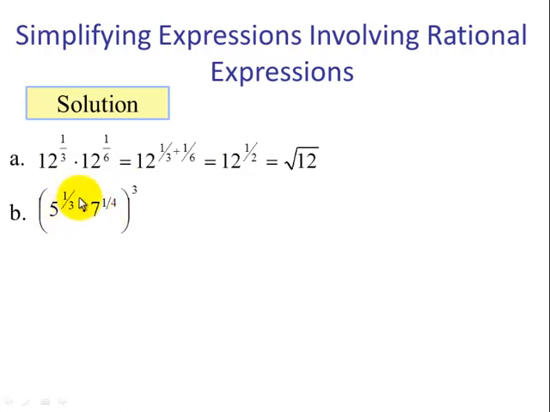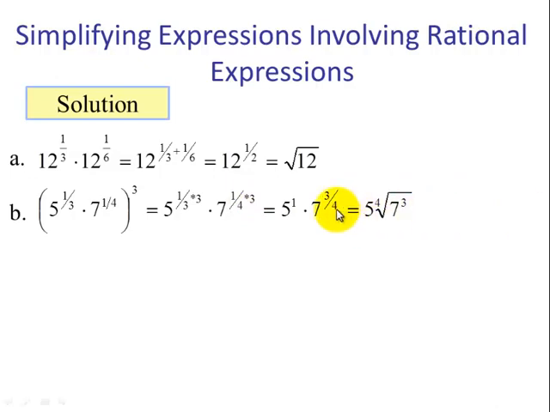For part B, we have 2 different bases raised to the 3rd power. So for every base, each power will be multiplied by 3. So we have 5 raised to the 1/3 times 3 power, and we have 7 raised to the 1/4 times 3 power. Multiplying, we have 1/3 times 3 is 1, and 1/4 times 3 is 3/4.